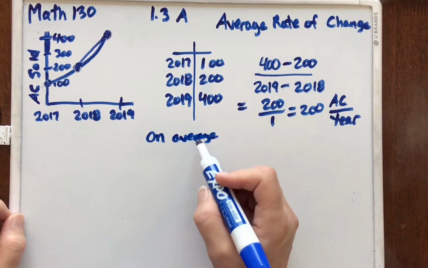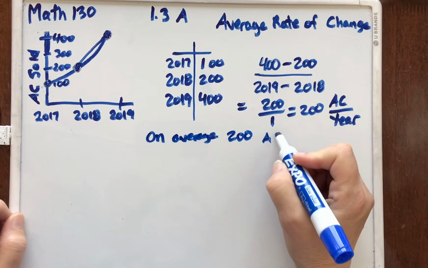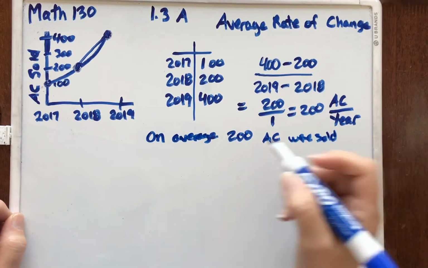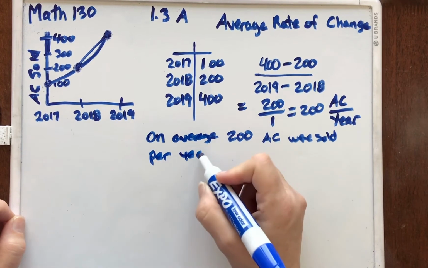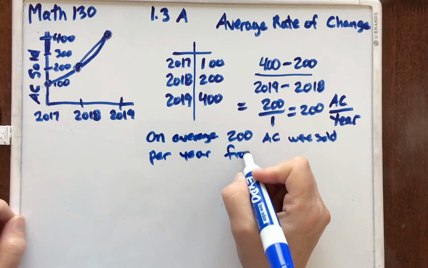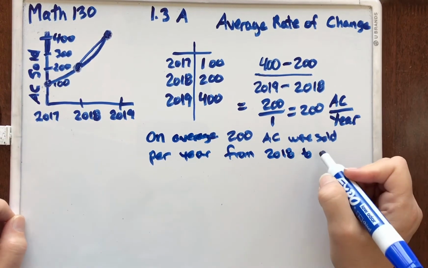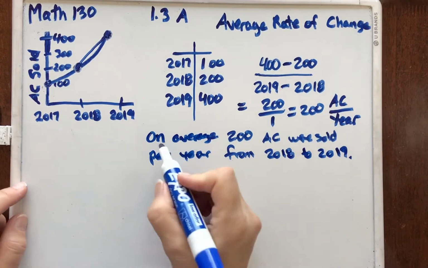So we have to say on average, 200 ACs were sold per year from 2018 to 2019. So on average is the key there.